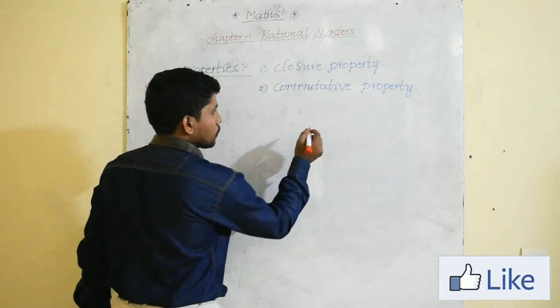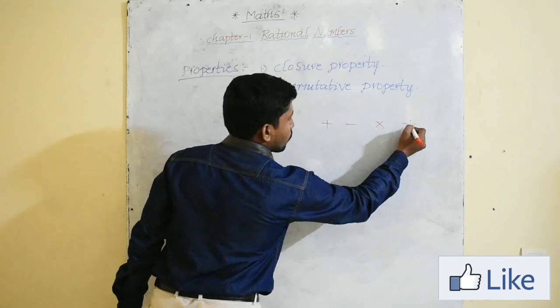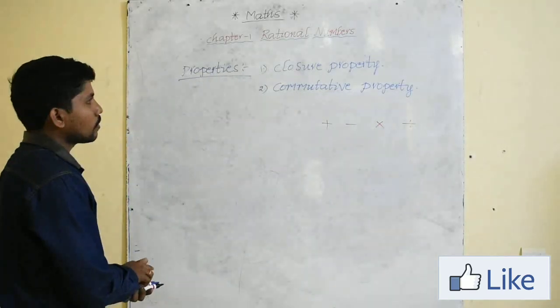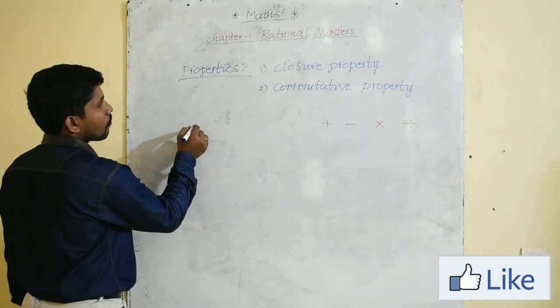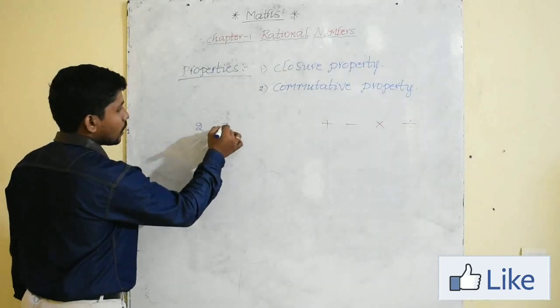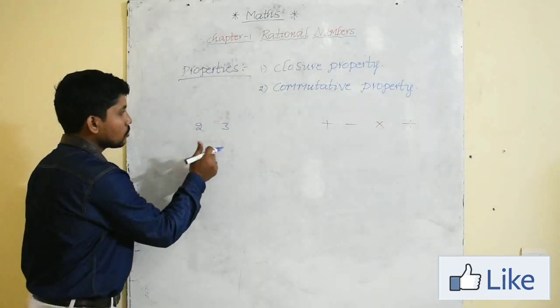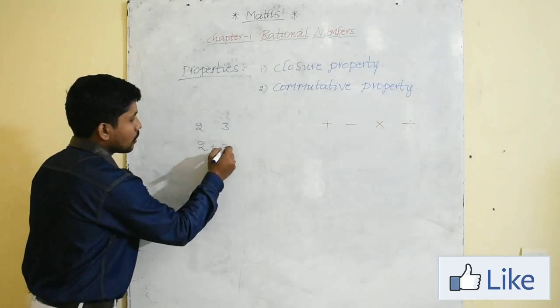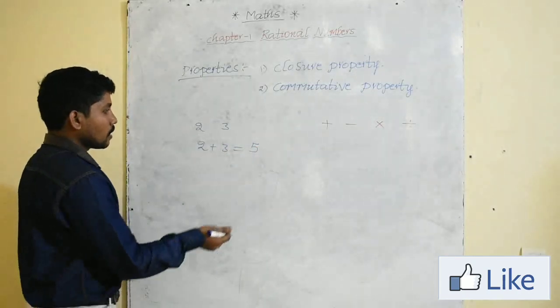The first one, as we know that we have four mathematical operations here. We will take an example here, 2 and 3. If I add these two numbers, I will get a result which is a rational.